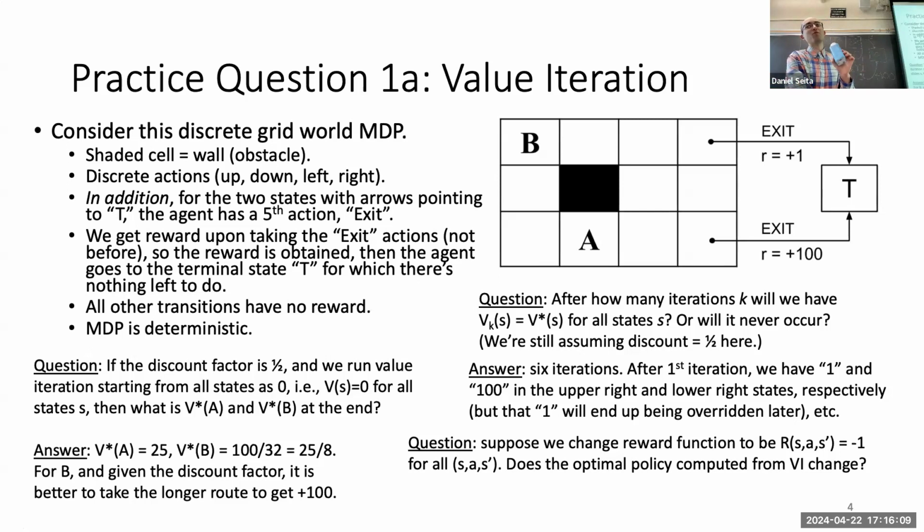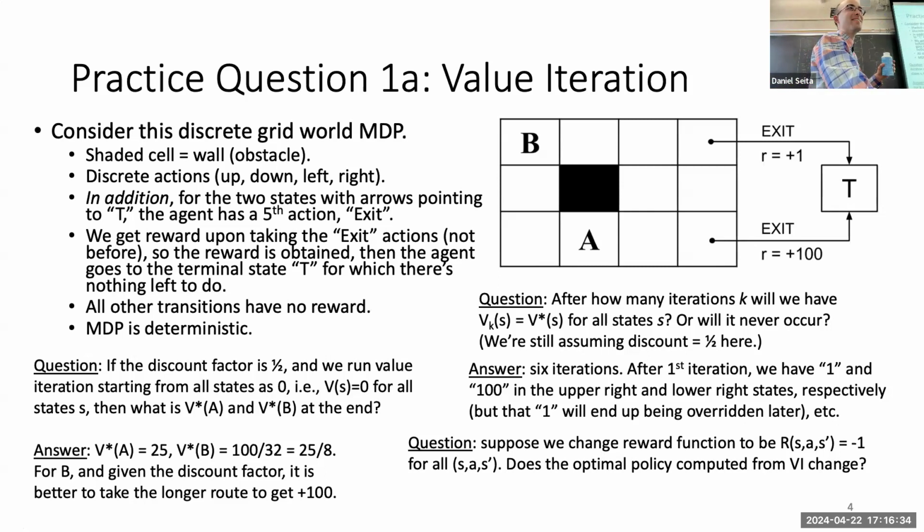Although on the final exam, we'll probably give credit mainly if you give a justification with it. So, you know. Yeah, so does the optimal policy computed from VI change? Remember that a policy here means that for every single state, the policy should specify where the agent should go.